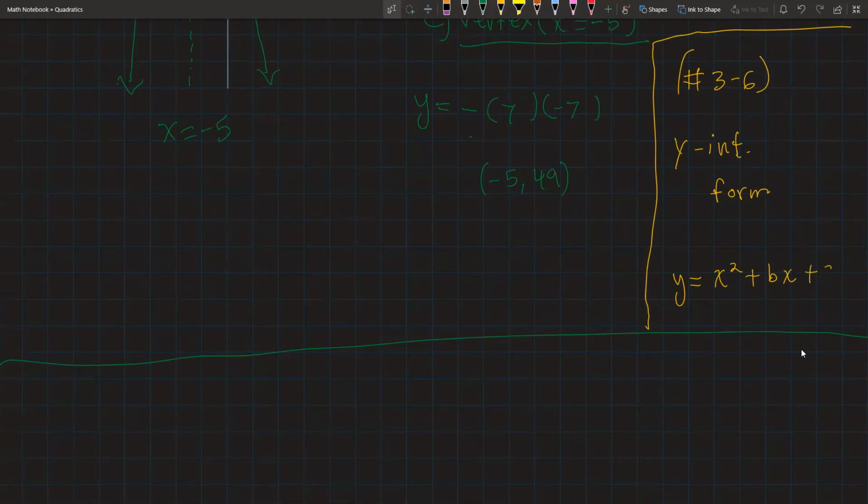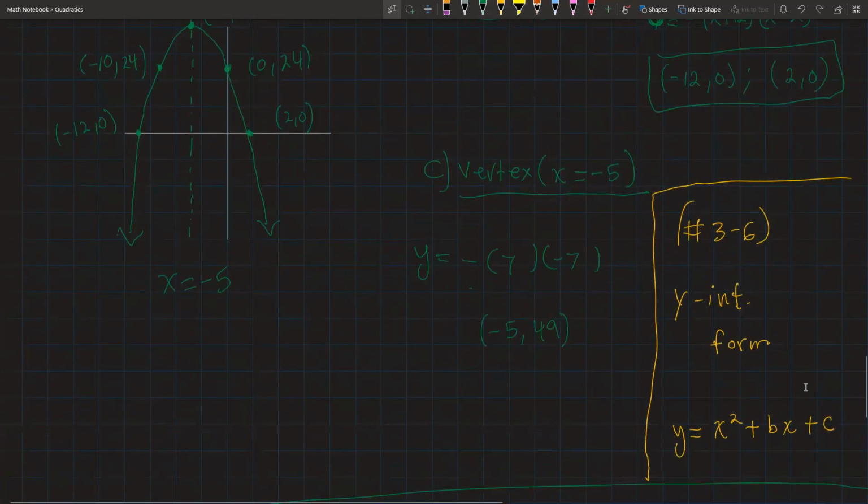And then plus some letter c, like minus 24 or 16. There should be an a term right there. We will talk about that later. But for the ones we're using right now, it looks more like this format, all right? So if you want to add that a term right now, that's okay. That's perfectly fine. Because we've been using 1 and negative 1 as our a term in the last few anyway.